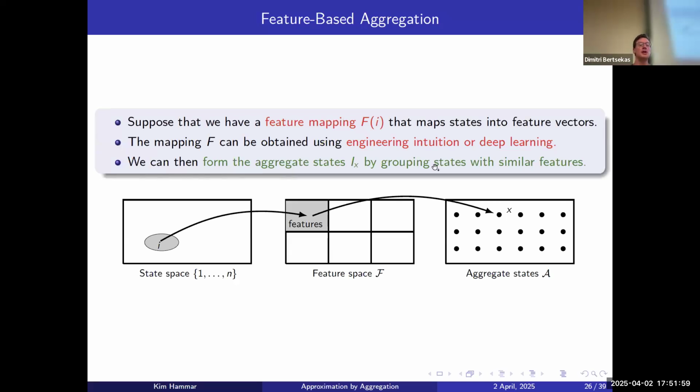And there's a lot of information in the course book on how you can do this. So basically, you take your state space, you map that to a smaller feature space, and then you can aggregate states based on the features. So are there any questions about this particular idea of feature-based aggregation? Because we will see several examples shortly in how we can apply this in the context of cybersecurity.